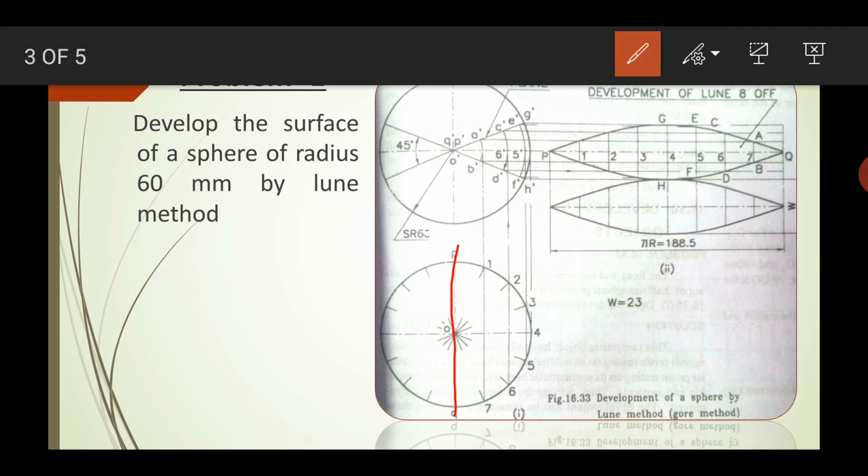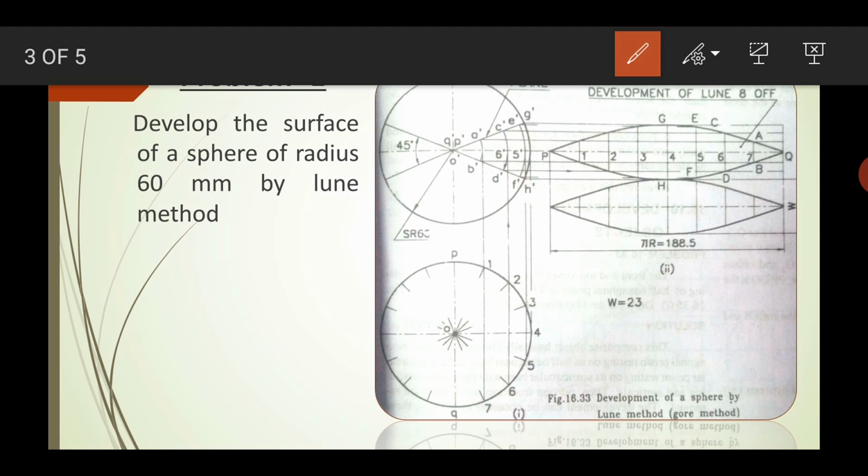Here this is the top view, and this will be the front view. Between the axis PQ, the center point O will be there. So we will cut into different numbers of lunes. In the front view you get q dash and p dash, as the axis is perpendicular to the plane of the paper.